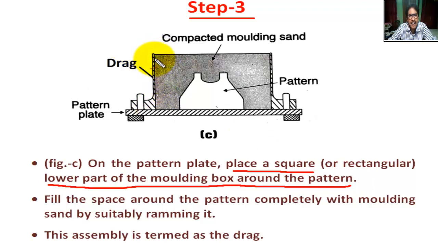This is a square or rectangular box, the lower part of the molding box. This is called drag. It is placed around the pattern.